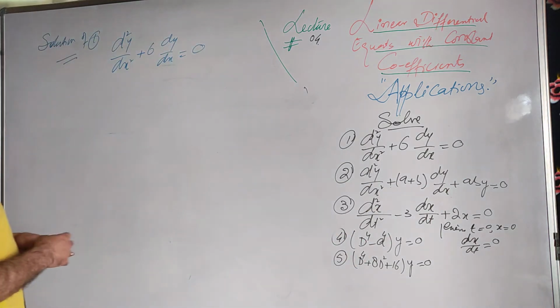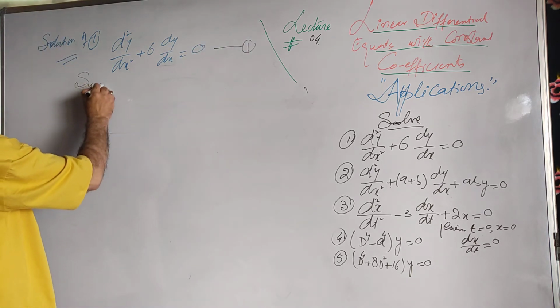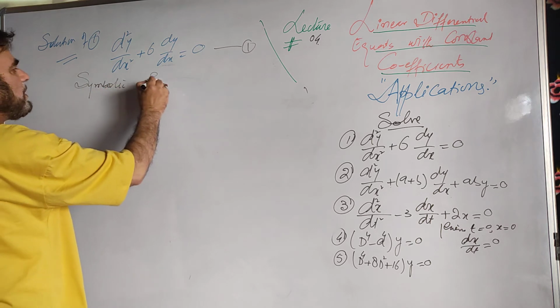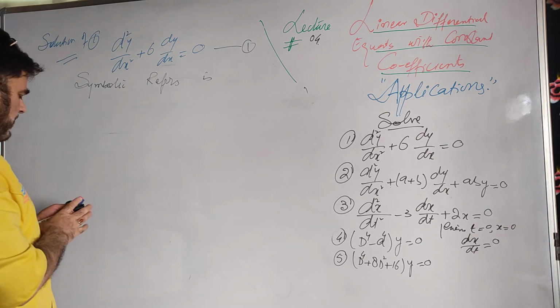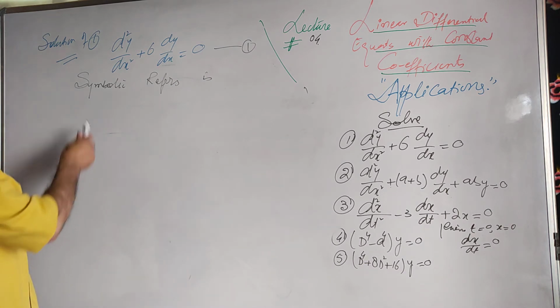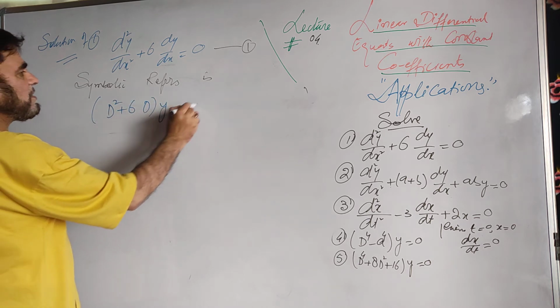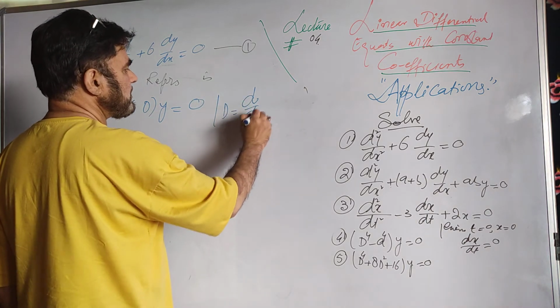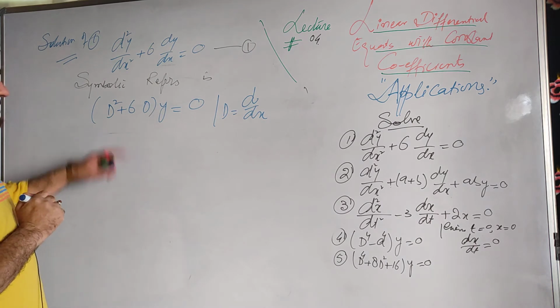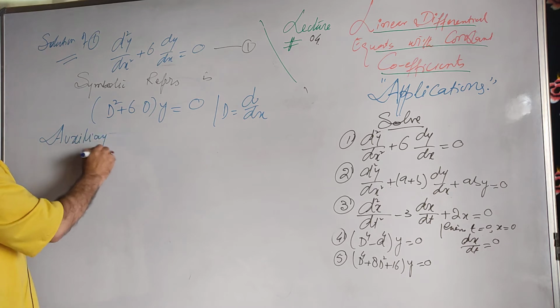Now this is the problem. We will write this in symbolic representation. What is symbolic representation? It is how we write it symbolically. It is d square plus 6d y is equal to 0, where your d as usual is d by dx. Then third step is the auxiliary equation.